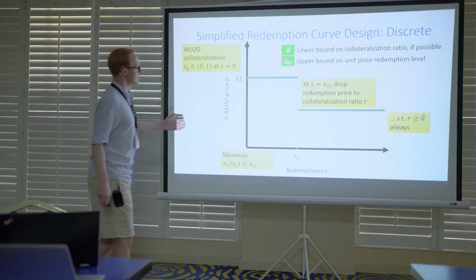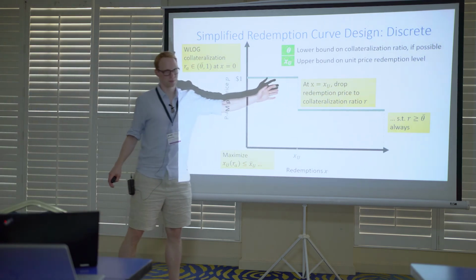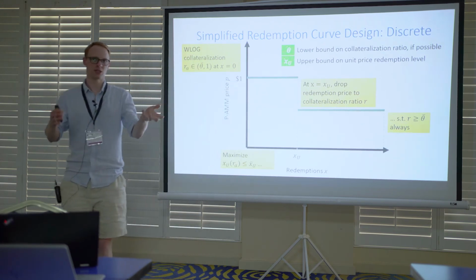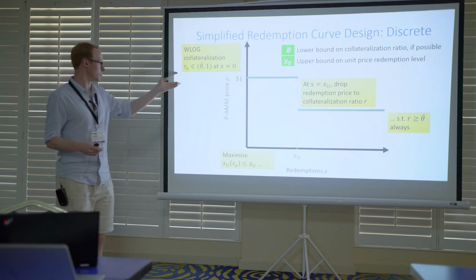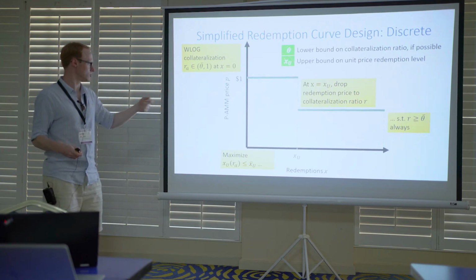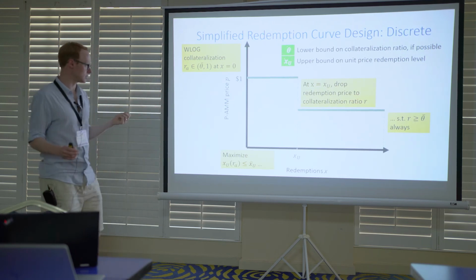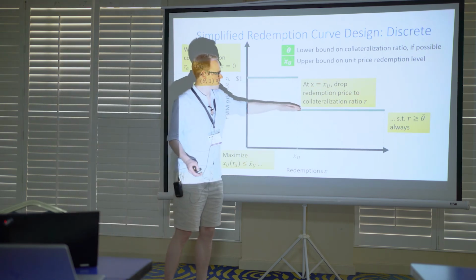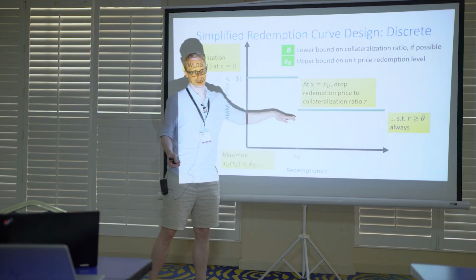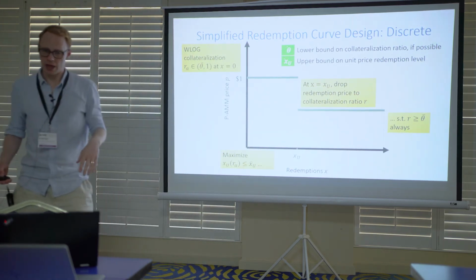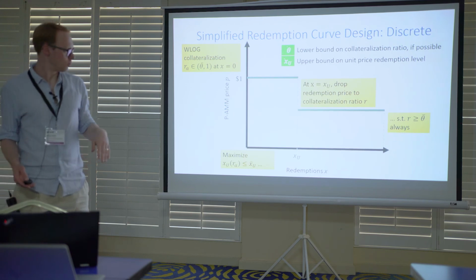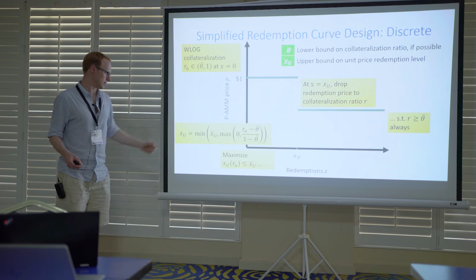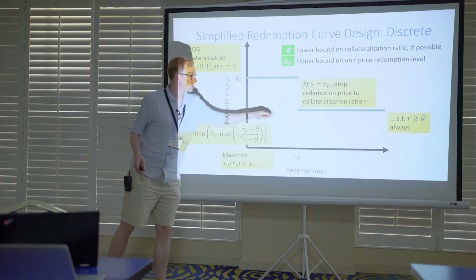And of course, if you support the peg for longer, while you are doing this, you are making your collateralization ratio lower and lower, because you offer a redemption price that's too high in a certain sense compared to the collateralization. So the longer we do this, the lower eventually the rate will be here. So there's a certain trade-off there. And I think I have the formula to do it. Right, so this would be the formula to get the maximal value so that this is above the threshold.